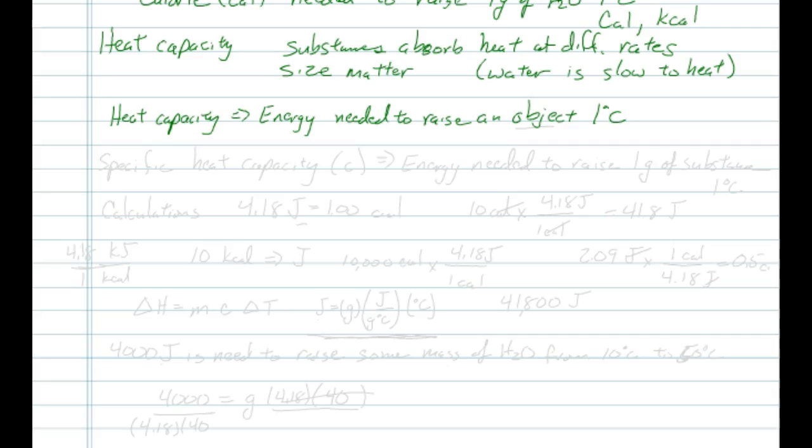Which is very inconvenient because you have to do an experiment for every object you want to find out. If you're going to use the same object over and over and over again, like you do in calorimetry, that would be okay. But since you're talking about individual objects, it's not very useful. Specific heat capacity is much more useful.